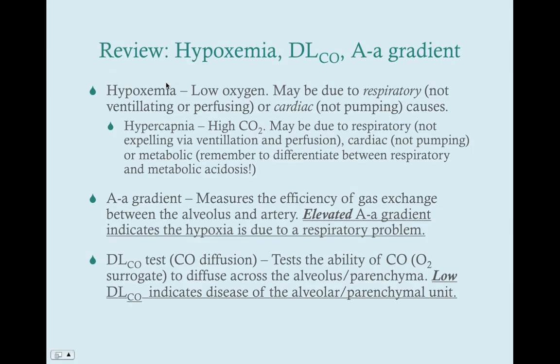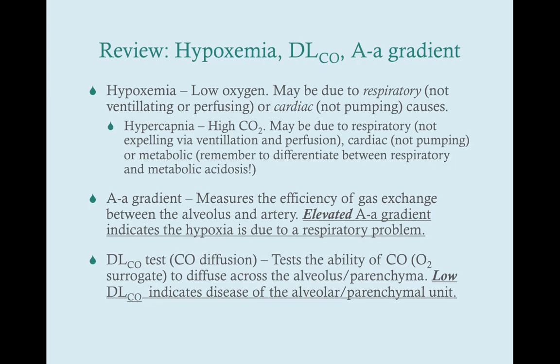Just a review of the different tests. Hypoxemia is low oxygen, so that can be due to a respiratory or a cardiac cause. So if it's a respiratory cause, either you're not ventilating or you're not perfusing correctly. If it's cardiac, you're not pumping. Both of those can cause hypoxemia. Hypercapnia is high CO2, and that's partial pressure of CO2. That can be due to a respiratory cause, either not expelling via ventilation and perfusion.